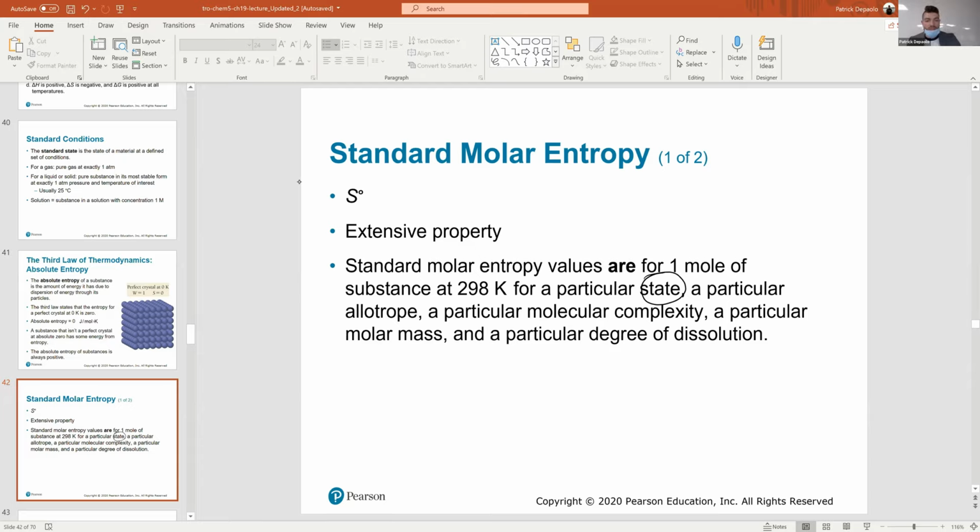Then molecular complexity. Are large molecules or small molecules going to have more entropy? Oh, we have a little disagreement here. Generally it's larger molecules, to an extent.